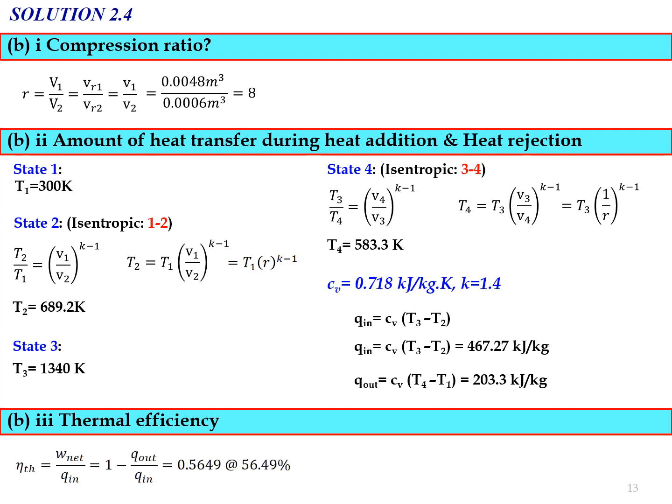We can use the formula where thermal efficiency equal to W net divided by Q in, or we can use 1 minus Q out divided by Q in. We already calculated Q out and Q in, so just substitute them into the thermal efficiency equation. We get the thermal efficiency for this Otto cycle equal to 0.5649 or 56.49%.